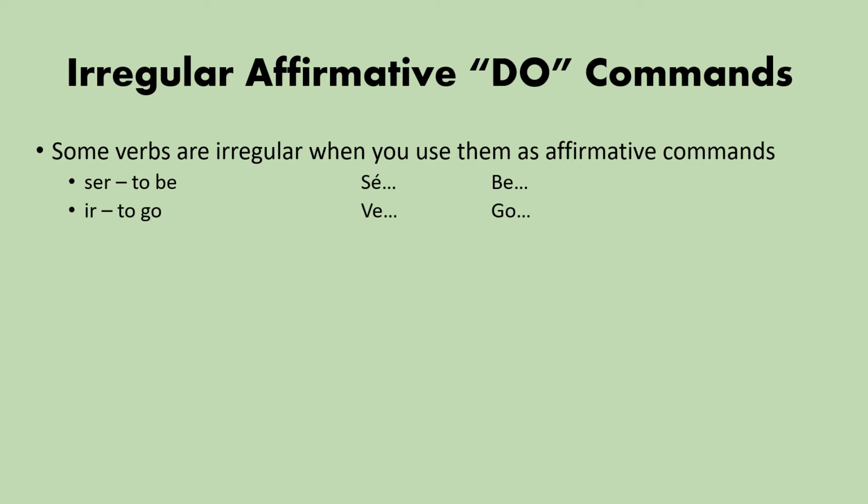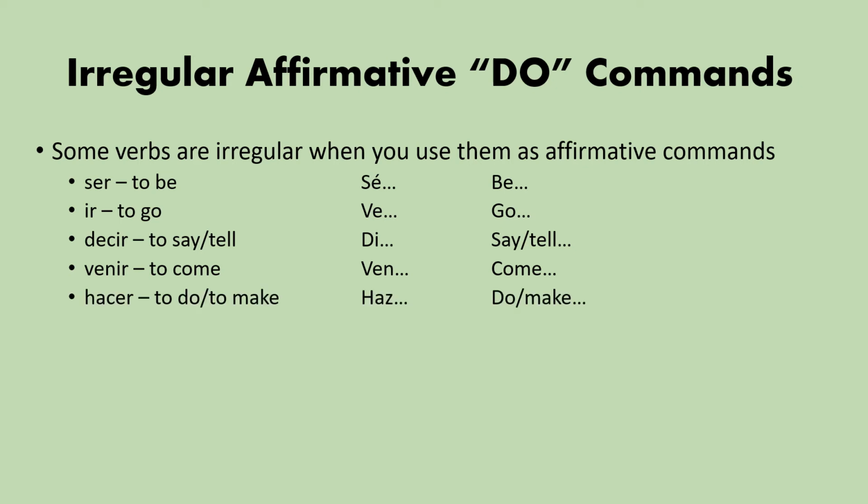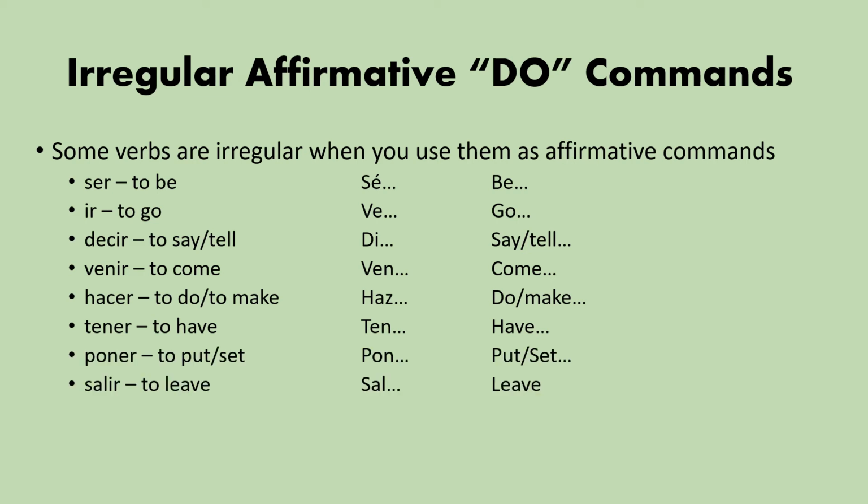It's irregular. Ir, the command form is ve. Decir, the command form is di. Venir, the command form is ven. You might have heard someone say, ven aquí, come here. Hacer, the command form is haz. Tener, ten. Poner, pon. Salir, sal.